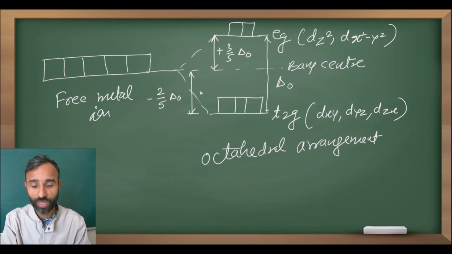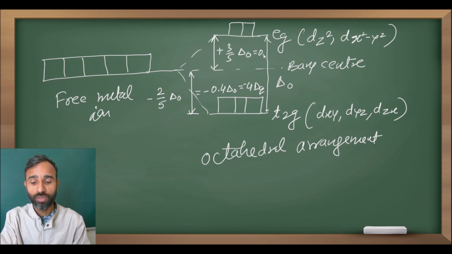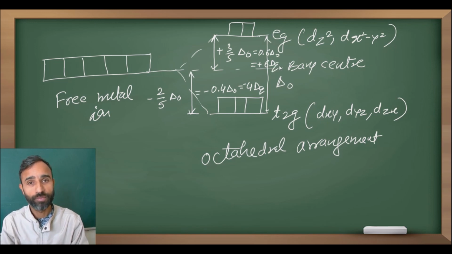So in this way it is equal to minus 0.4 delta O, or we can say minus 4 Dq, and plus 3 by 5 delta O, that is equal to plus 0.6 delta O, or equal to plus 6 Dq. So Eg set is of higher energy, T2g set is of lower energy in octahedral arrangement.